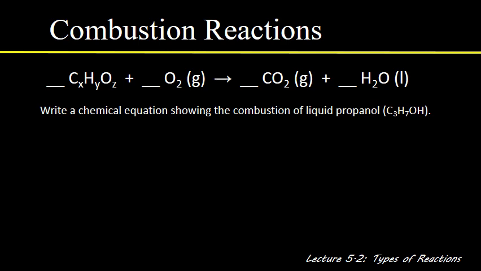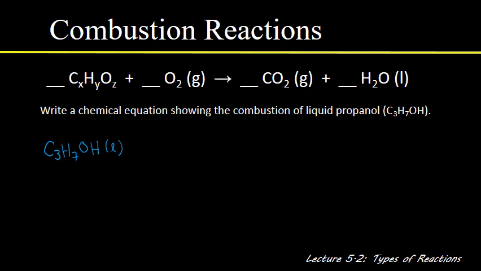Let's write a chemical equation showing the combustion of propanol. So this is a 3-carbon chain with hydrogens all around it and an OH group at the end. For our combustion reaction, we take the substance that we're interested in, our propanol.